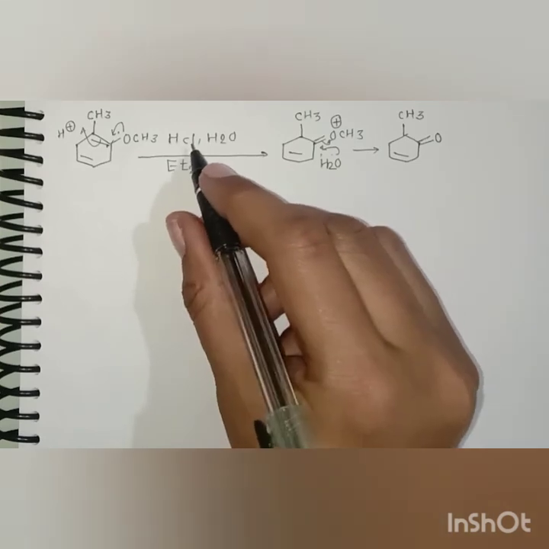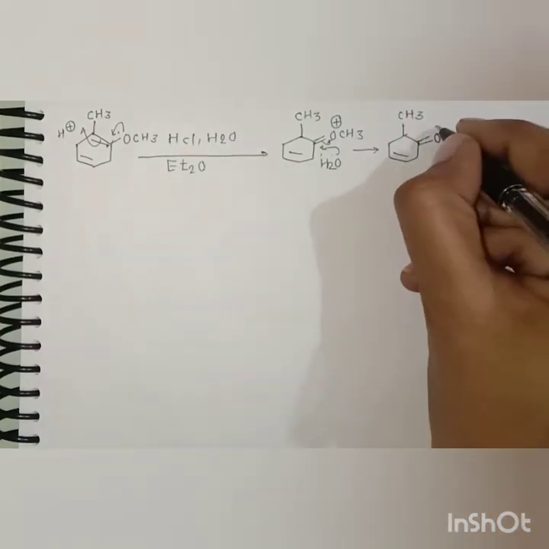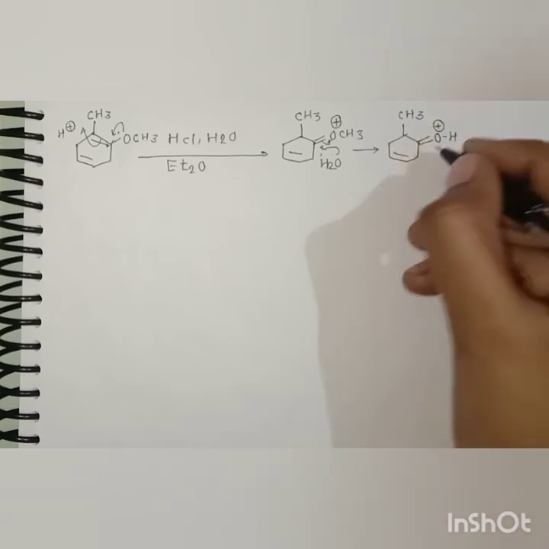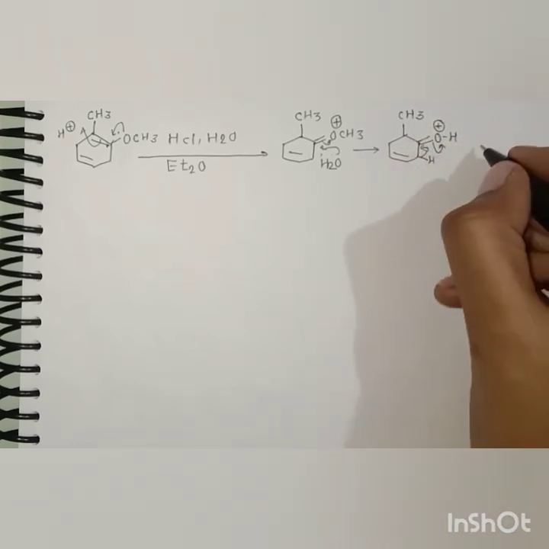But again in the acidic condition, the protonation takes place and we get the enol.